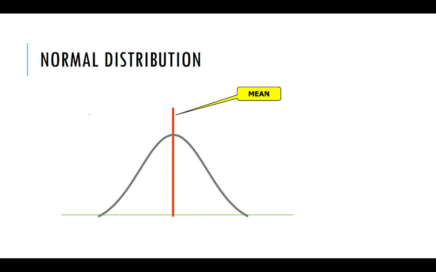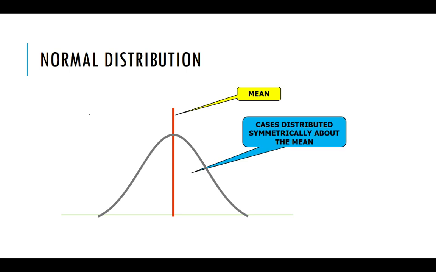And then we also see that the cases here are symmetrically distributed about the mean. In other words, if I folded it in half, the left side and the right side would be identical. So that's what we mean by saying that the cases or observations are distributed symmetrically about the mean, right? It is the same on the left as it is on the right.